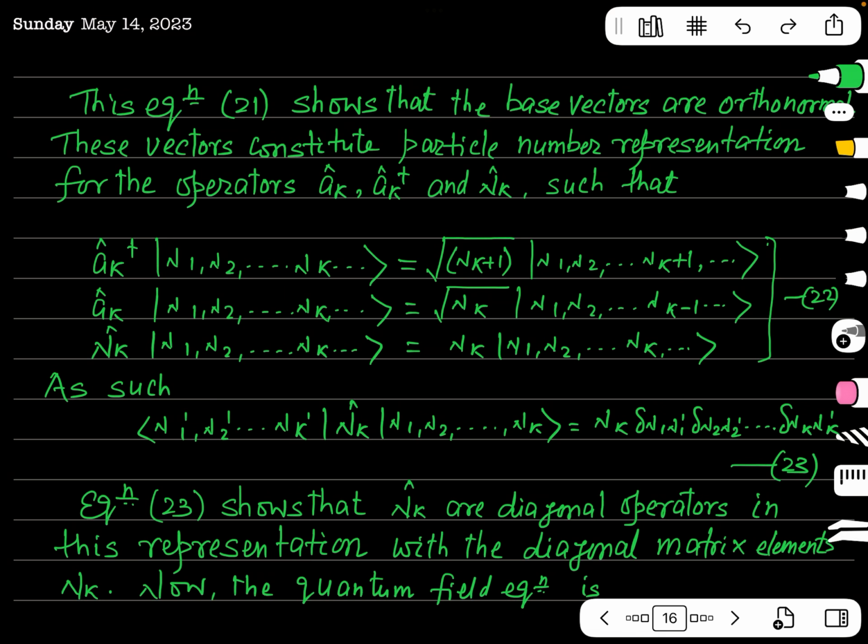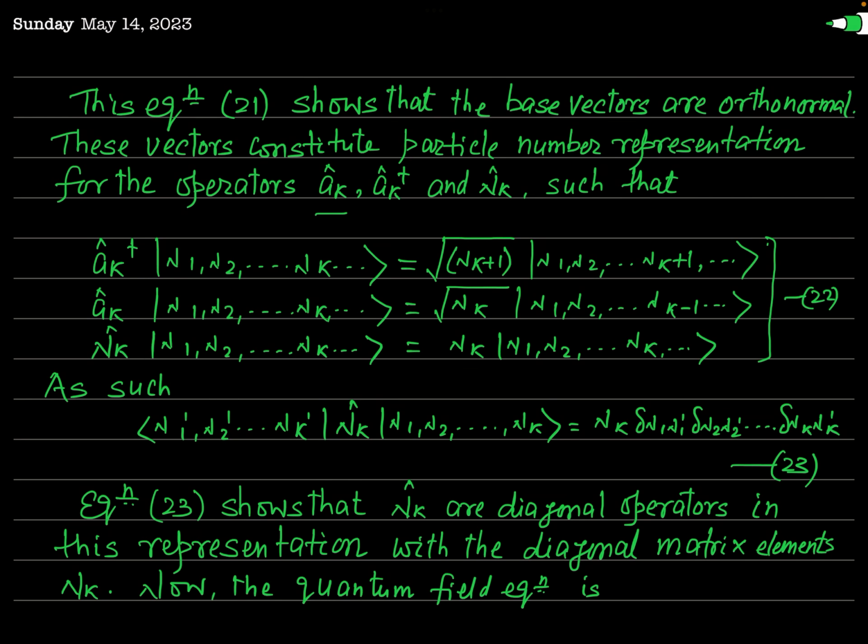Actually, these vectors constitute the particle number representation for the operators ak hat, ak hat dagger, and nk hat, and you can write the eigenvalue equation in this manner: ak dagger operated on ket n1, n2 so on nk equals the square root of nk plus 1, because you have learnt that its eigenvalue is in fact alpha k, and that alpha k is equal to the square root of this much, okay, and the same eigenvector n1, n2 so on nk plus 1.